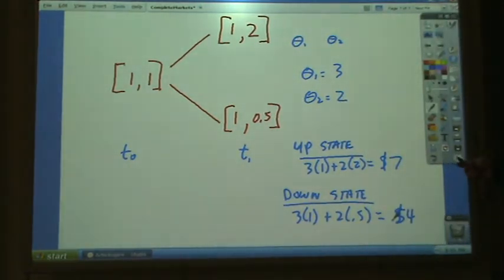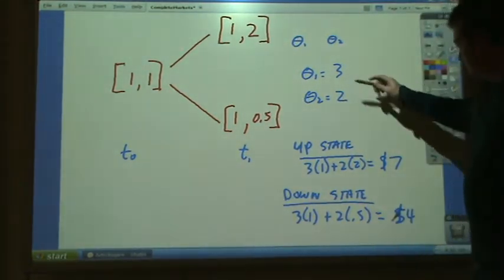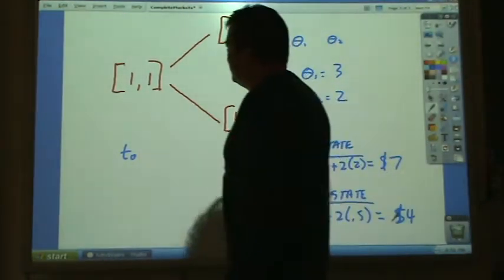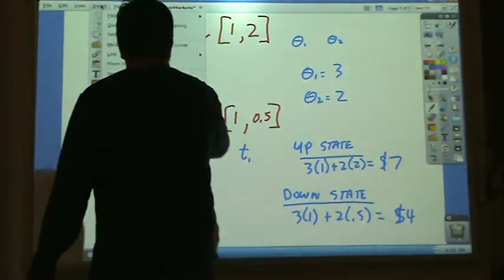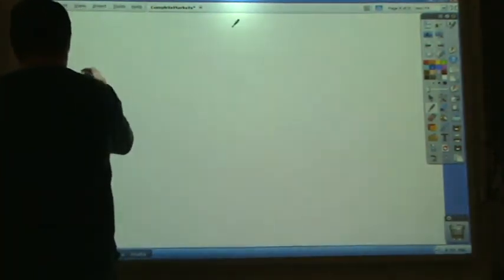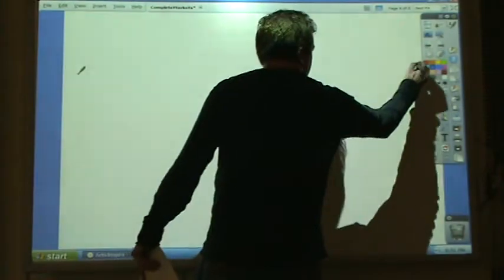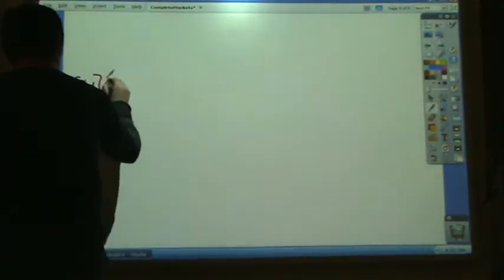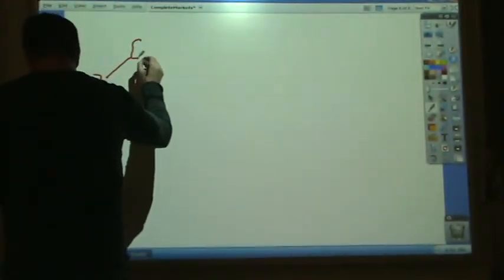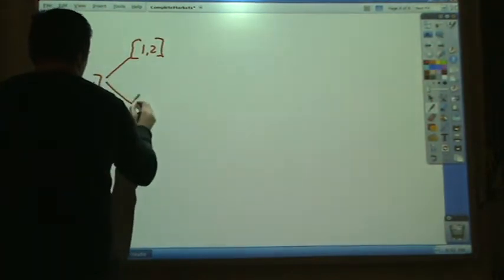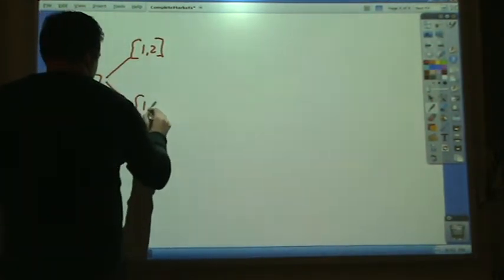So we actually started out with how much? We started out with $5, and we'd end up with either 7 or 4 at some point in the future, if the market behaved exactly like this. So what we can do is, I'll just rewrite this. 1, 1 goes to 1, 2, 4, 1.5.